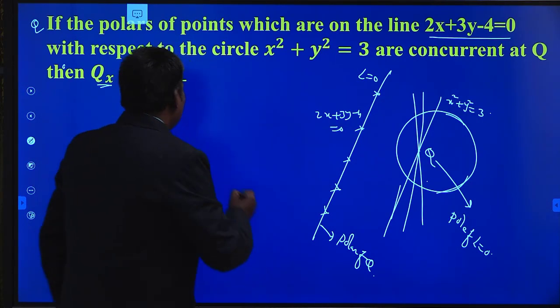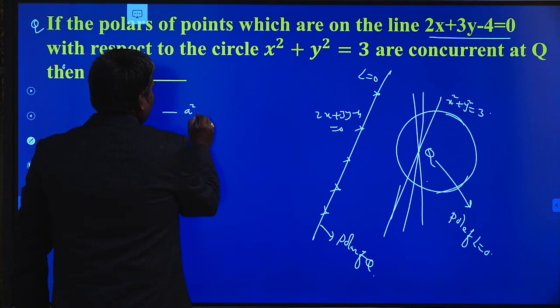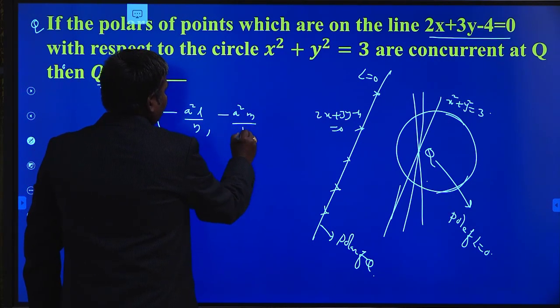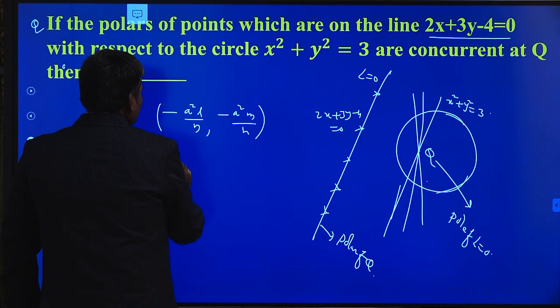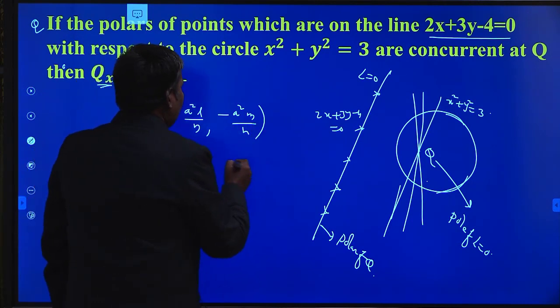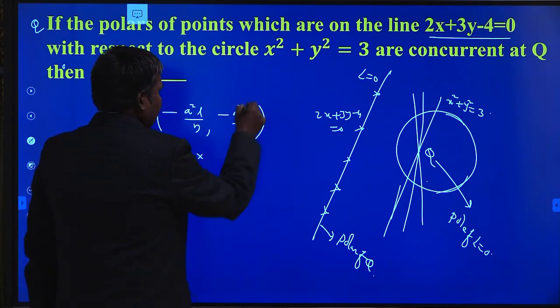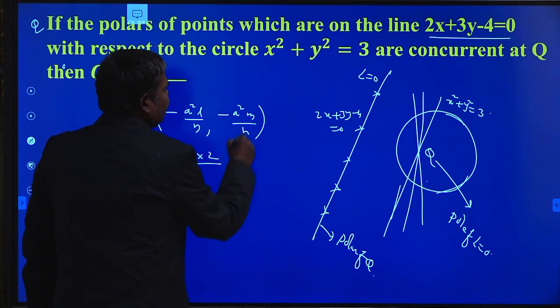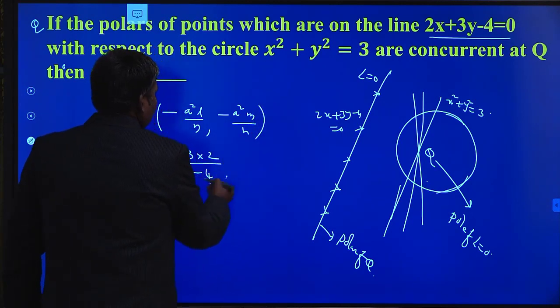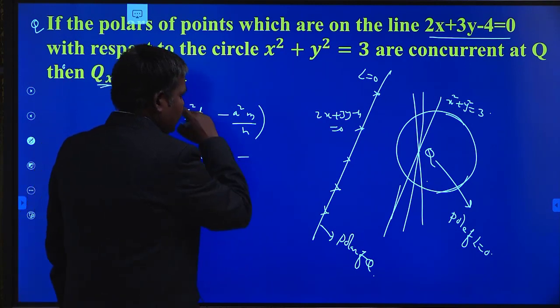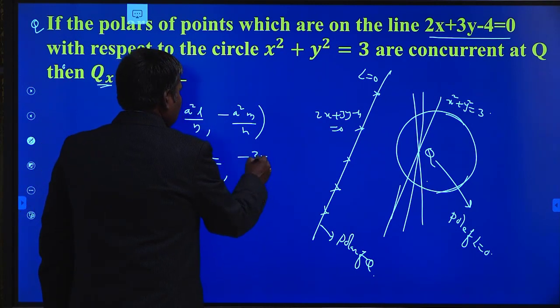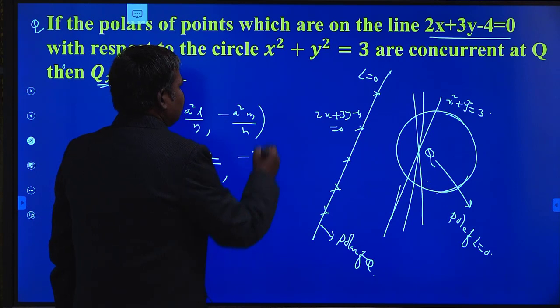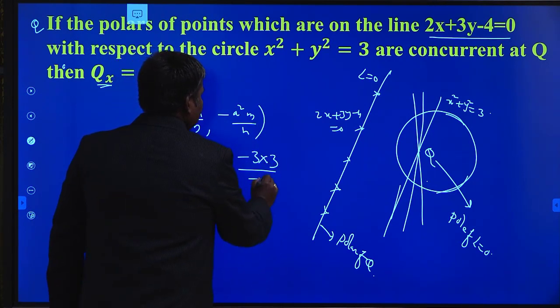What is the pole formula? Minus a square L by n comma minus a square m by n, where a is the radius of the circle. That is minus a square, we mean 3, from the x square plus y square equal to r square form. What is L? 2 by n is minus 4, comma minus a square, that is 3 into m. What is m? 3 by minus 4.